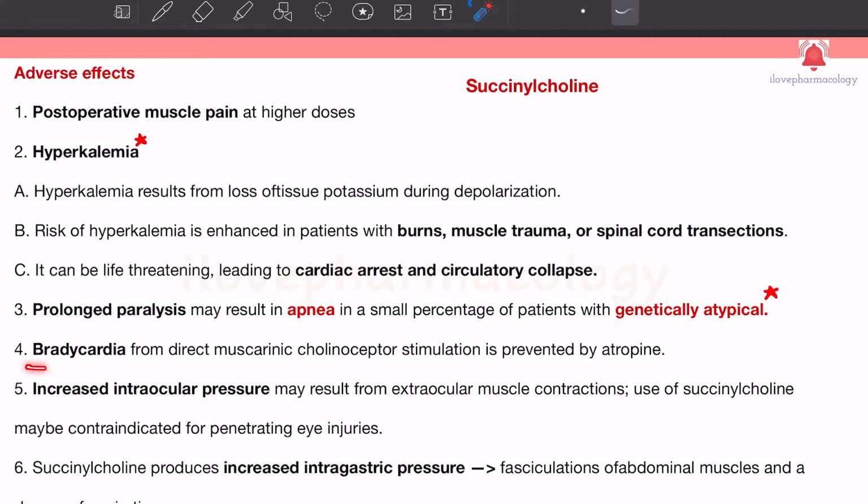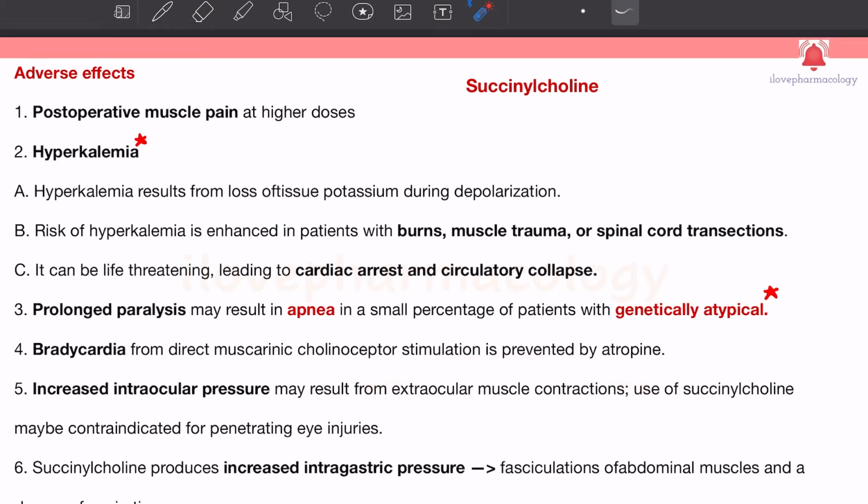It can also cause bradycardia from direct muscarinic cholinoceptor stimulation, which can be prevented by administration of atropine. There can be increased intraocular pressure, which results from extraocular muscle contraction.